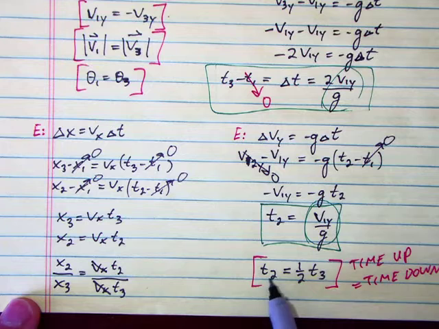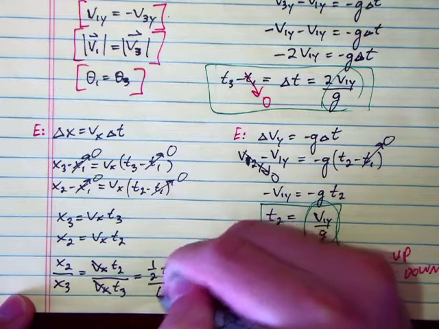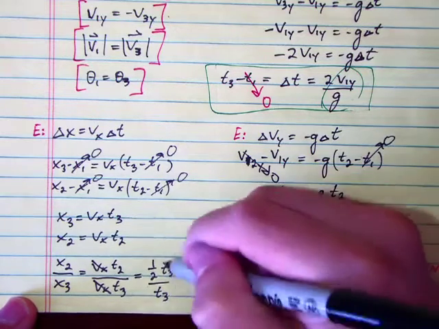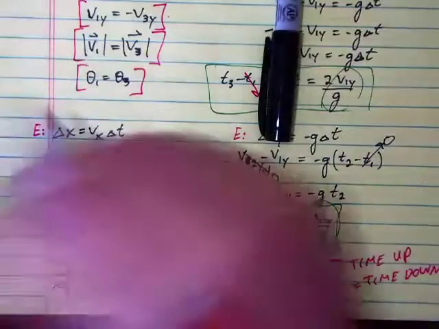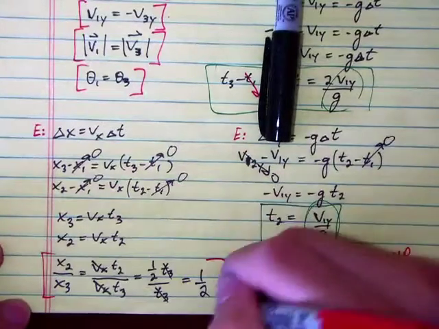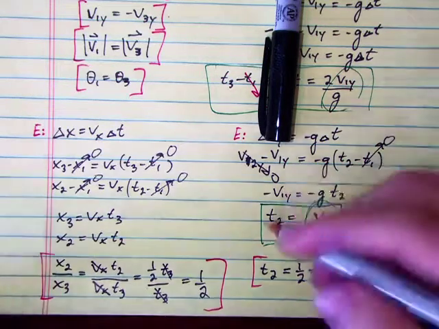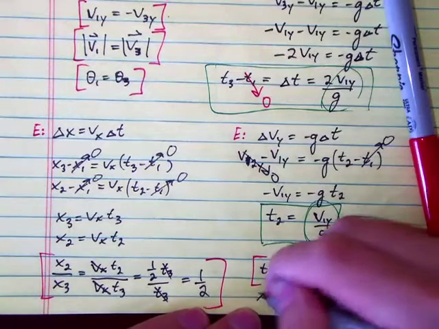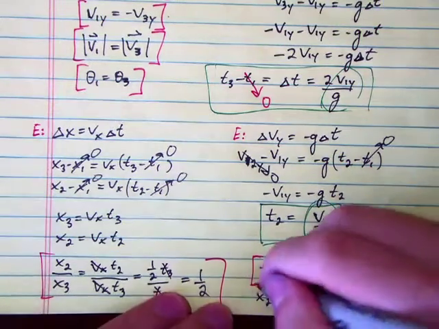Well, we showed a moment ago that t2 is 1/2 of t3. So this equals 1/2 of t3 all over t3. So t3 cancels, and we find that the ratio of these two distances is 1/2, or x2 is 1/2 of x3. x2 is 1/2 x3.